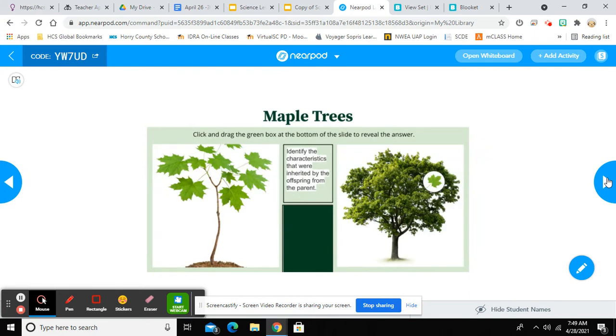Maple trees. Click and drag the green box at the bottom of the slide to reveal the answer.